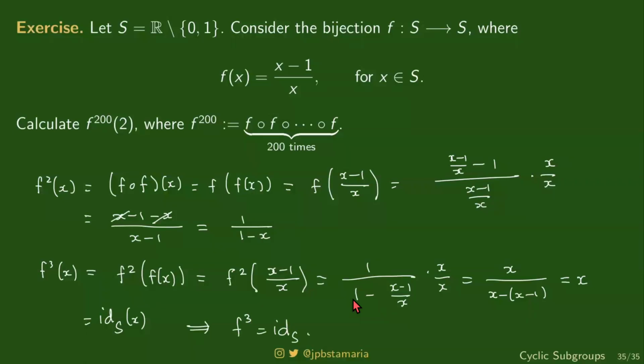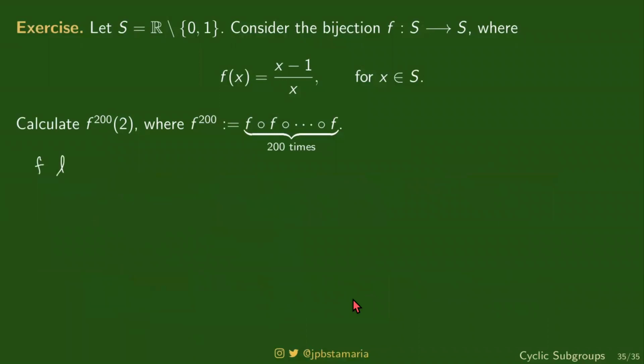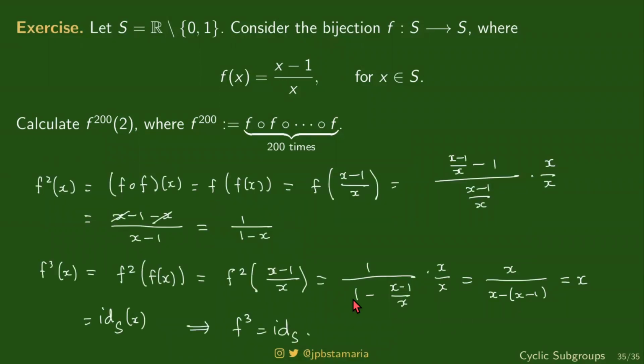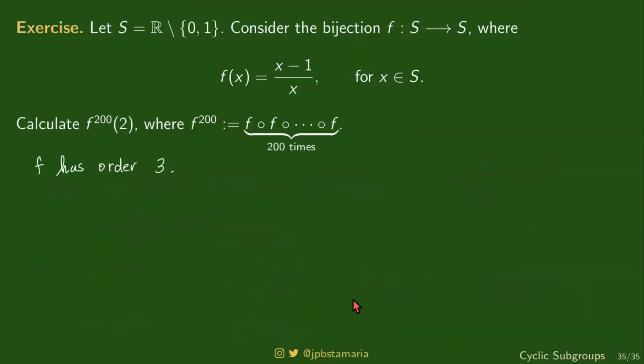So in terms of group theory, F is a function that has an order 3. Order 3 function siya kasi after applying F 3 times, naging identity ka na. So therefore, what is F to the 200? If F has order 3, sabi natin, you can divide 200 by 3.